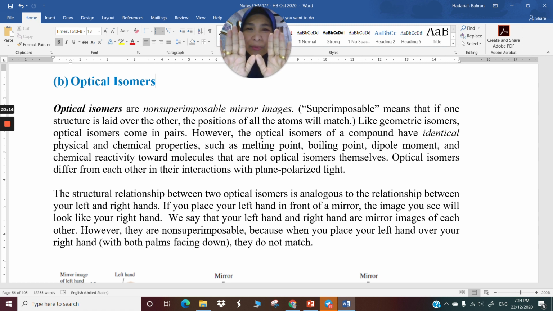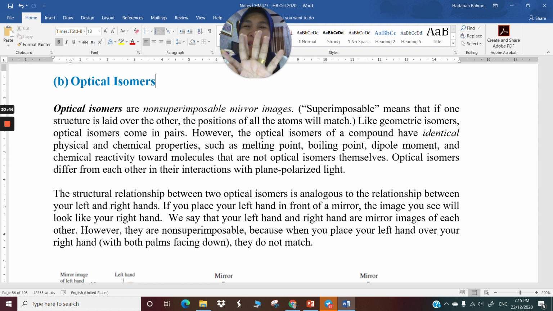While facing you, still not changing the orientation of these two, I cannot superimpose them. My thumb is on top of my little finger, whereas this time at the back is on top of my little finger. The only thing that can be in the same position is my middle finger.